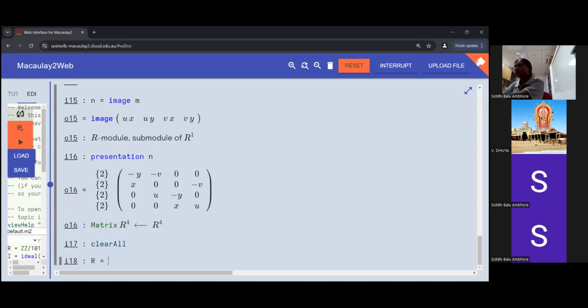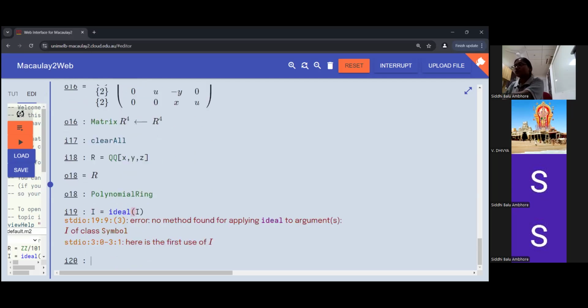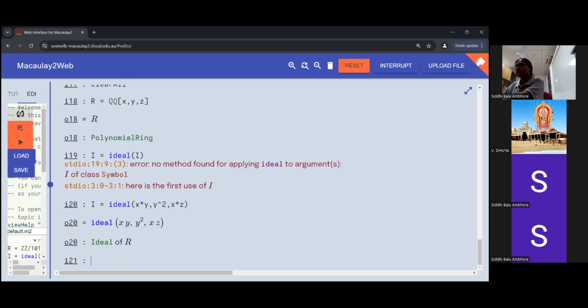Okay, so my R is QQ[X, Y, Z]. Let me stop here so that you can see this. And I is this ideal, ideal(X*Y^2, X*Z).